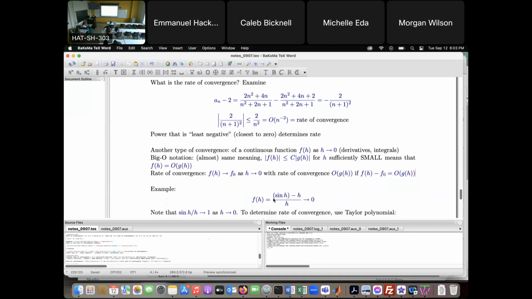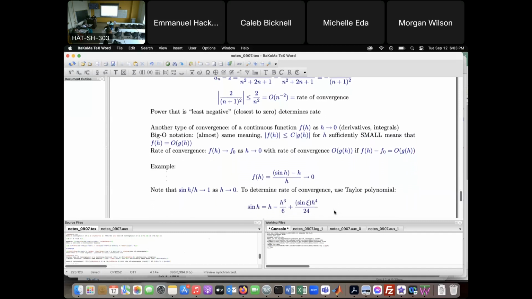So to figure out the rate of convergence of this function to 0, use a Taylor polynomial for sine of h. The beginning of a Maclaurin expansion of sine is this: h minus h cubed over 6, and then this term is the Taylor remainder.